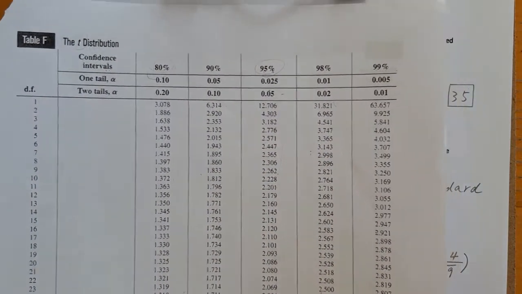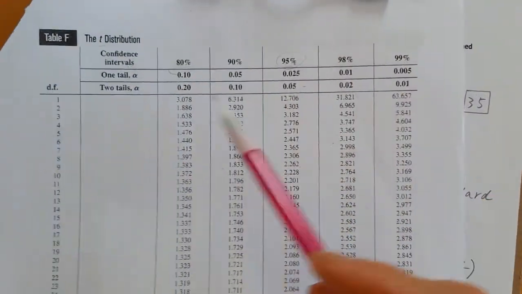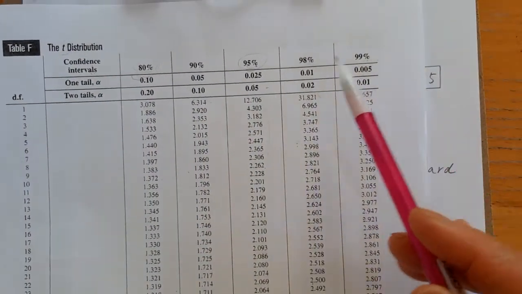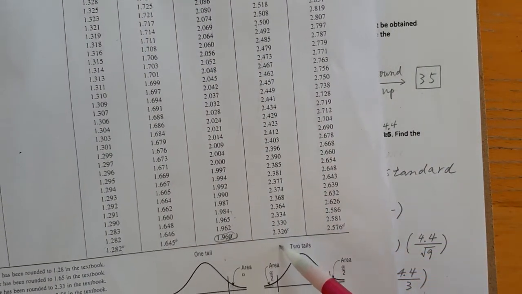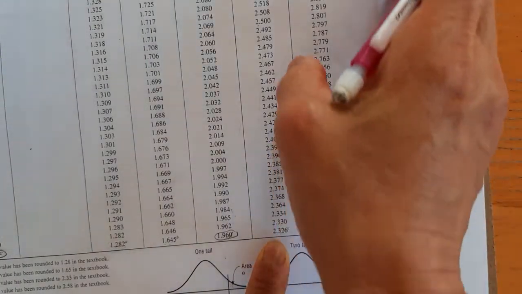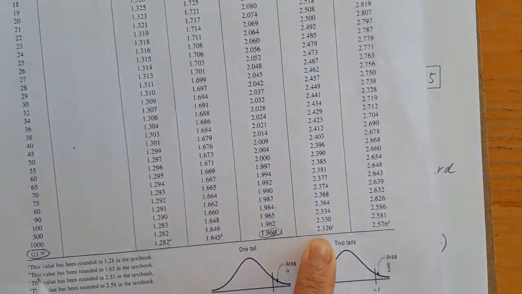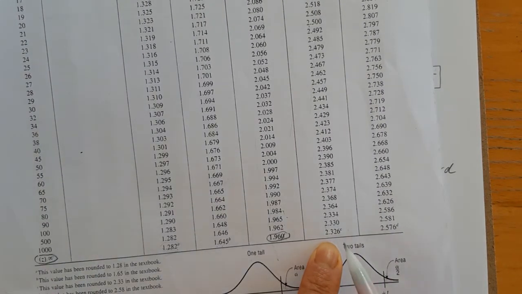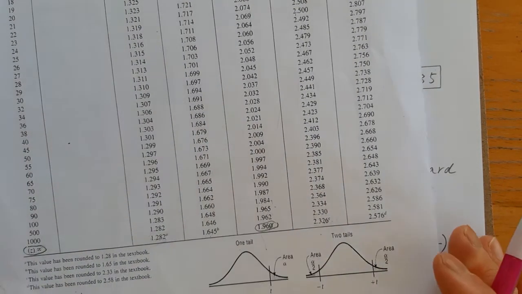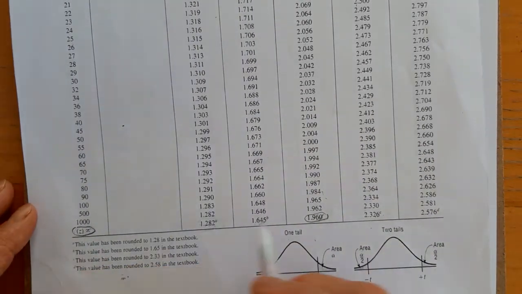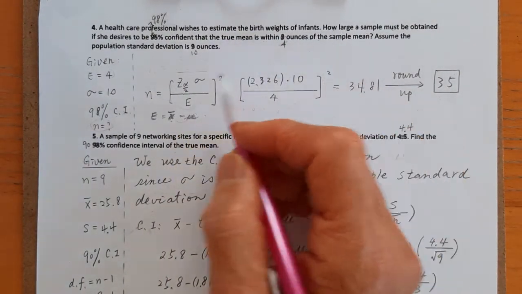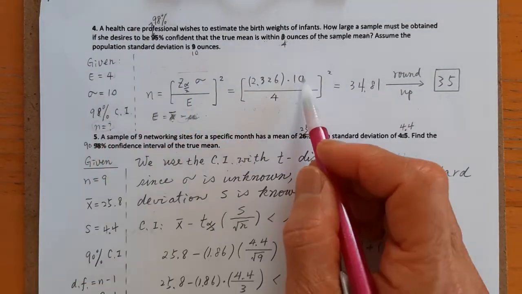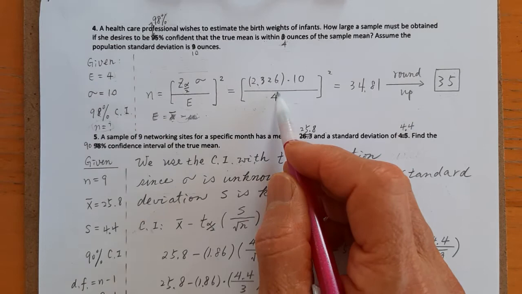We look at the 98% confidence interval and go down to the bottom, the Z score, which is 2.326. So Z is 2.326, times sigma, which is the standard deviation, 10. Plug in the margin of error, 4.